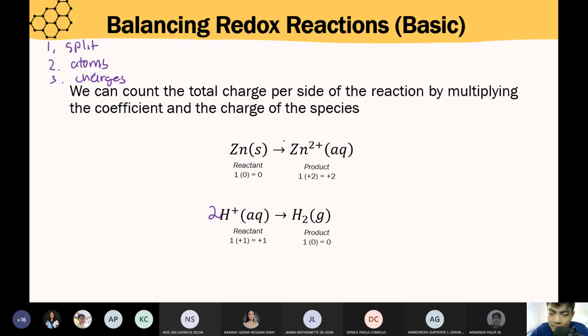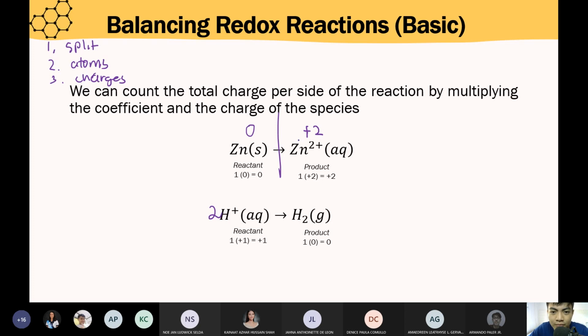Okay? So, punta muna tayo dito. How will you determine the charge? Okay, basically, that's the oxidation number lang. Okay? So, ano yung charge ng zinc sa reactant? 0. Kasi oxidation number niyan ay 0. For zinc 2+, ano charge niya? O, ano oxidation number niya? Positive 2. Pantay ba yung charge? Hindi, no? Sa reactant, 0.